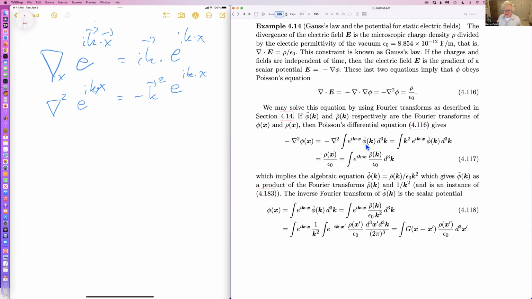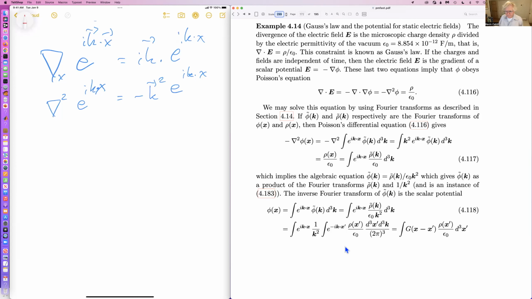Now, you might say this is two steps backwards, but it gives us an algebraic equation, namely that k squared phi tilde is equal to rho tilde over epsilon 0. And that means we can write phi in terms of its known Fourier transform, which is rho tilde over epsilon 0 k squared.